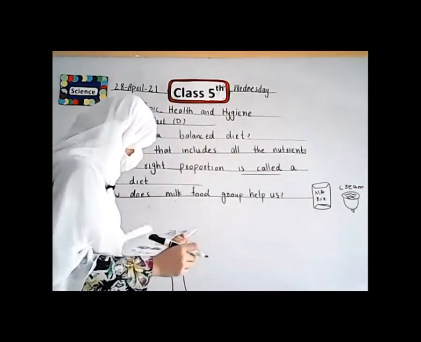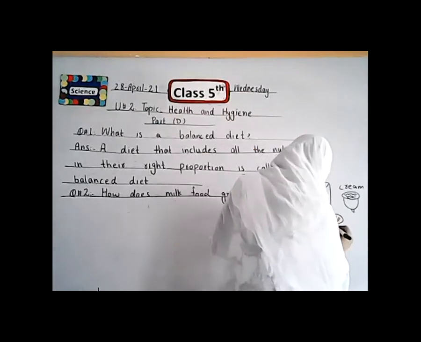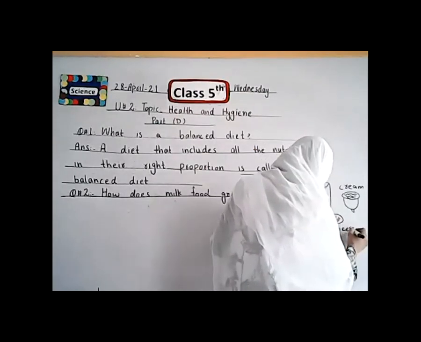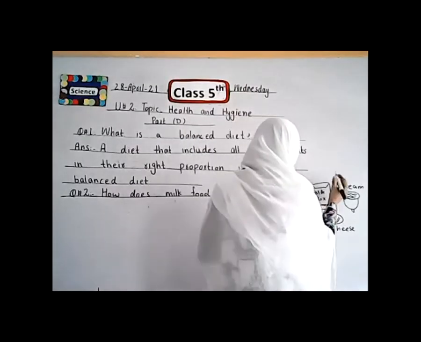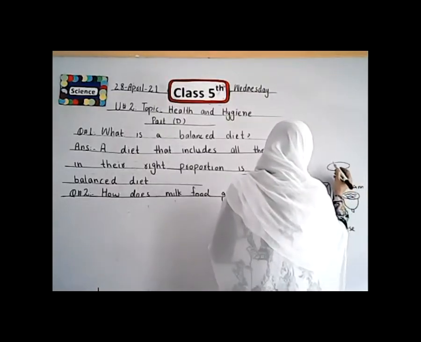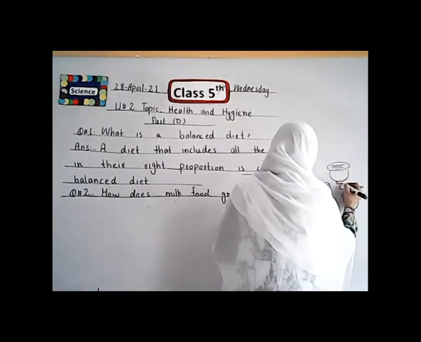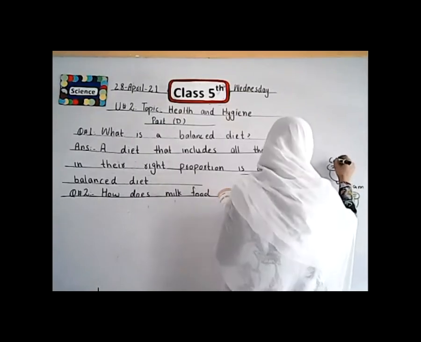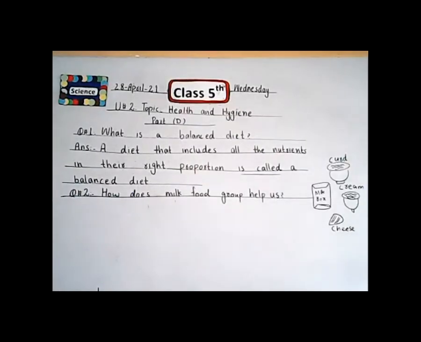Cream is also made from milk. And this is cheese. That is made from milk. Right? Now next one is curd or custard that are also made from milk. All these things are made from milk. How are these things that are made from milk helpful for our body?